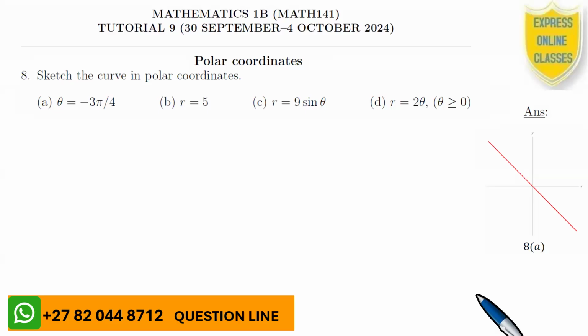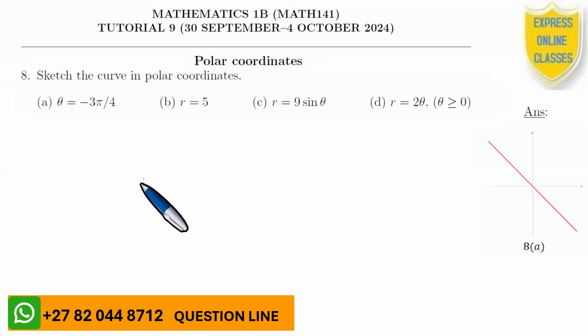There are a couple of things you need to take into account here. An angle, if it's measured, is measured from the positive real axis.